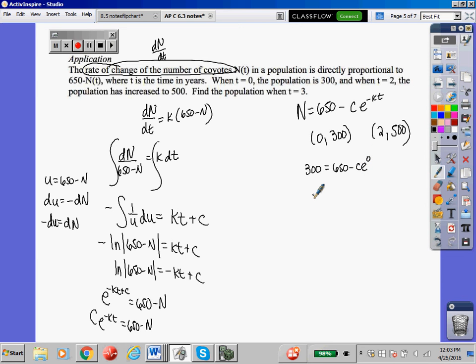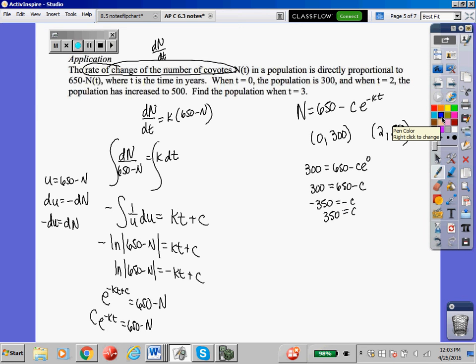If I do that, 0 times k is still 0. And what's e to the 0? 1. So that's good. So I'm going to get 300 equals 650 minus c. Subtract 650. And c is positive 650.